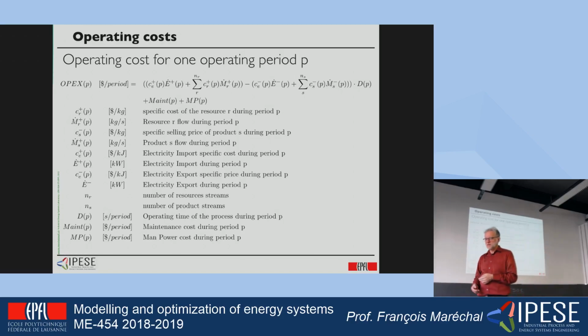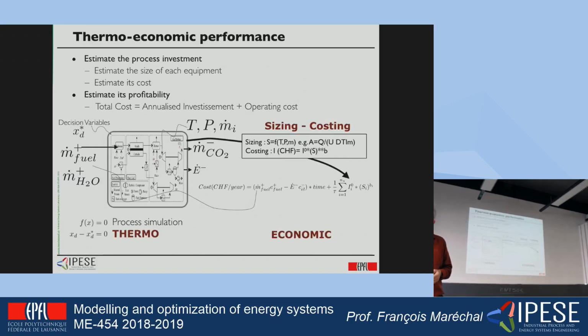The second part of the question is that I would like to have the total cost, which means that I will also have to look at the investment and the cost of the investment. So the mechanism is that by writing mass and energy balances, I will be able to know what all the flows are.